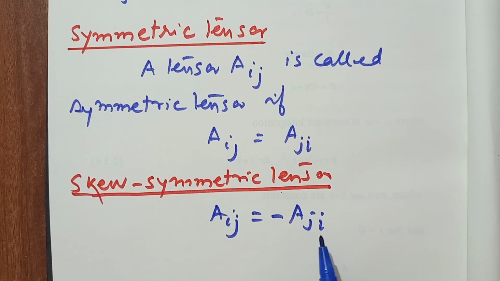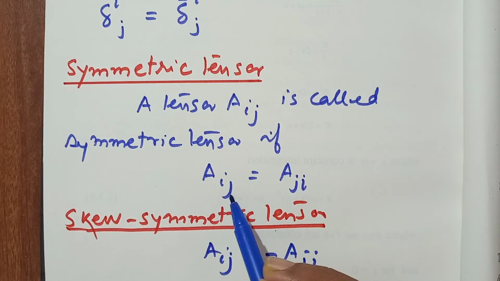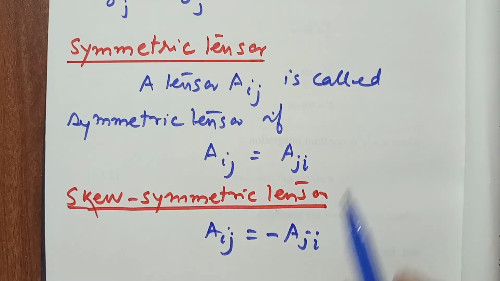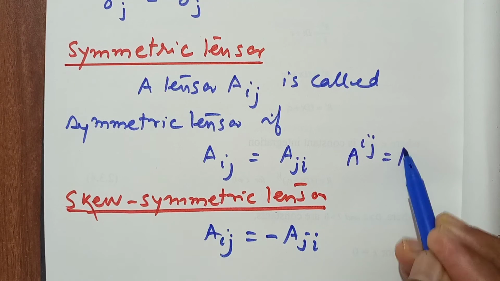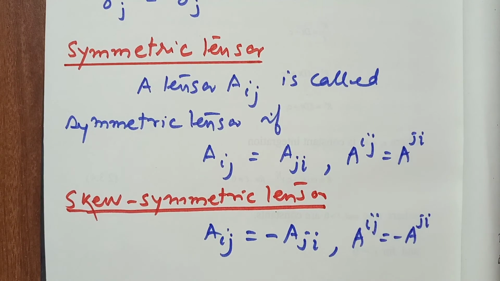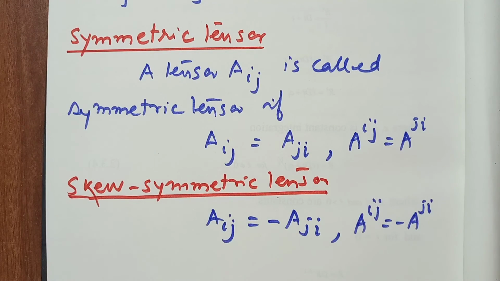This is for a covariant tensor, and you can define it in the same way for a contravariant tensor: A i j is equal to A j i for symmetric, and A i j is equal to minus A j i for skew symmetric. So this is the definition of symmetric and skew symmetric tensors.